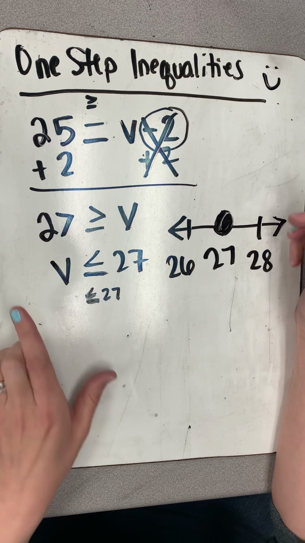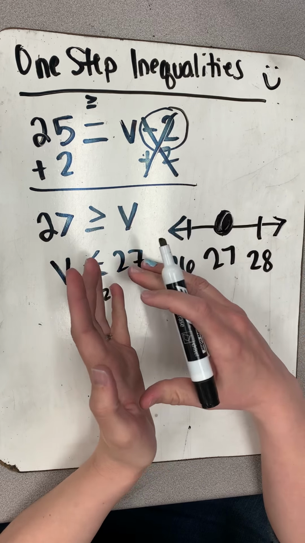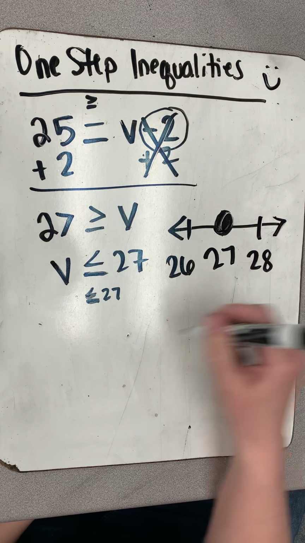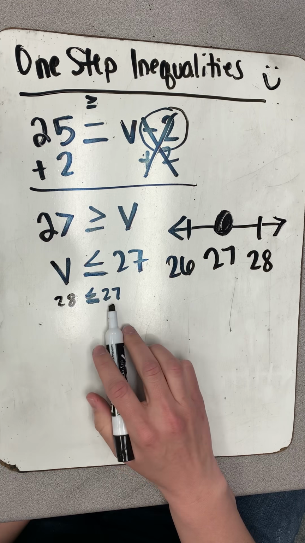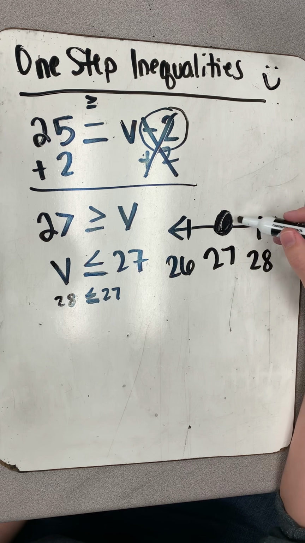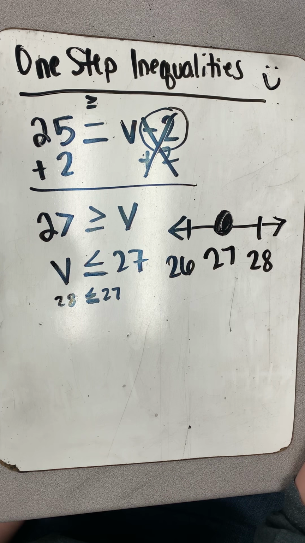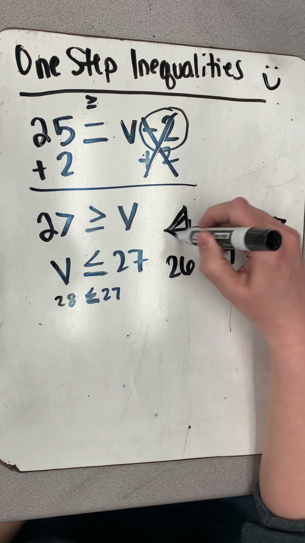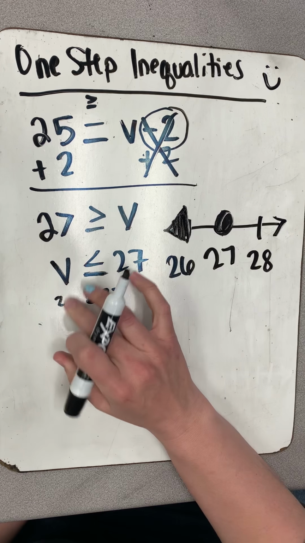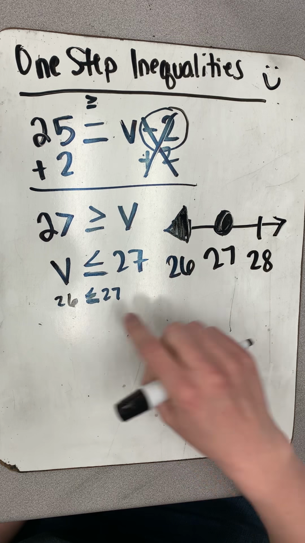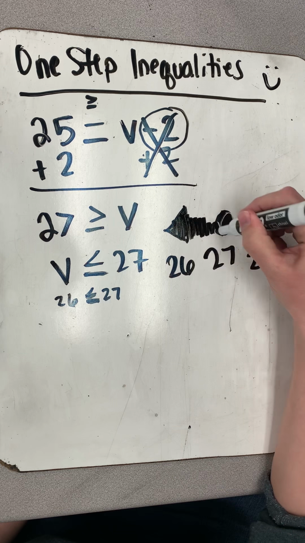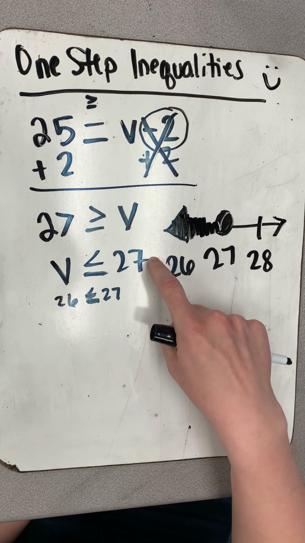Now we want to check a number either before it or above it. So I would say 28. So is 28 less than or equal to 27? And it's not. So I don't shade that way. I shade this way, because if I substitute 26 in there, 26 is less than or equal to 27. And so I know that everything this way is going to make this inequality true.